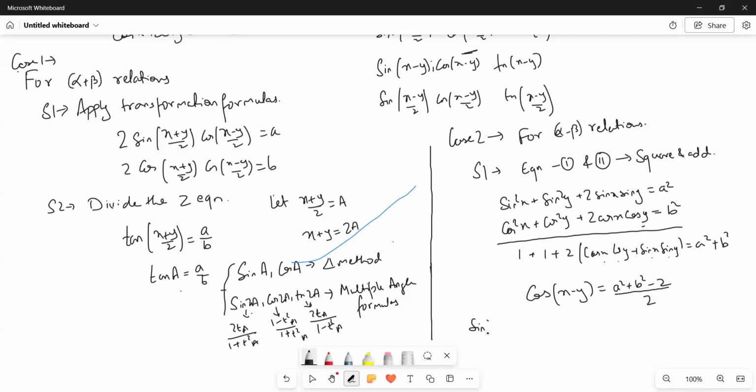So from here, to find sine of x minus y and tan of x minus y, we apply triangle method. And to find the half angles, sine of x minus y by 2, cos of x minus y by 2, and tan of x minus y by 2, we apply submultiple angle formulas.